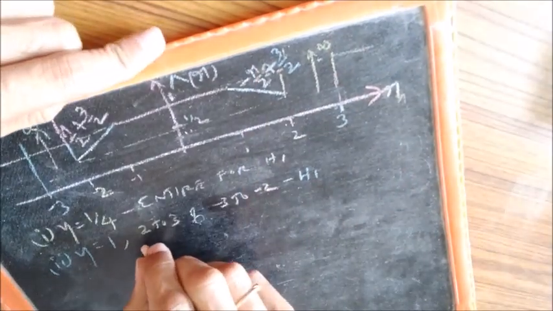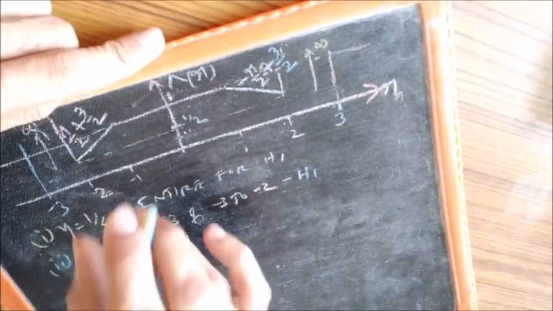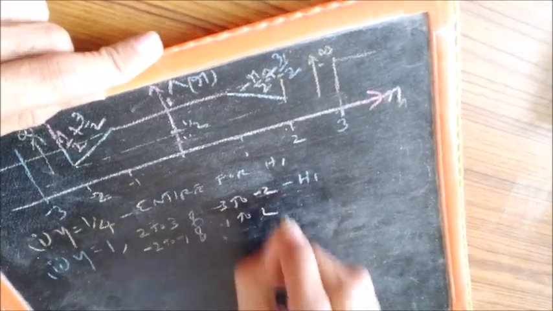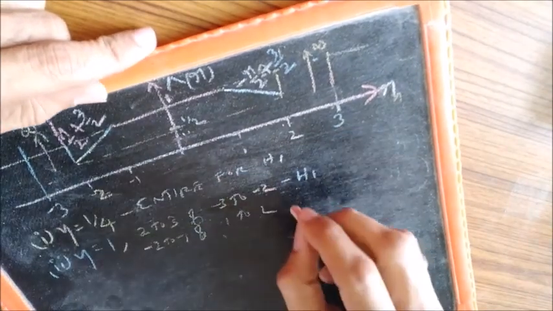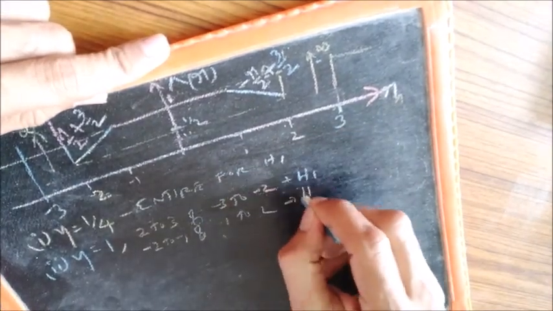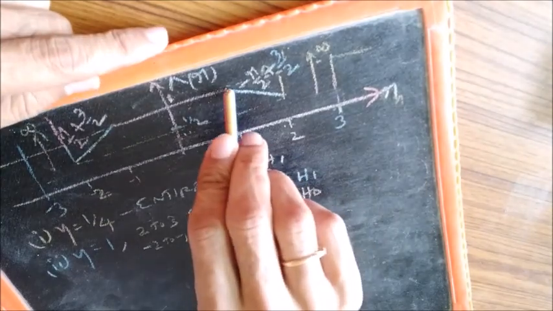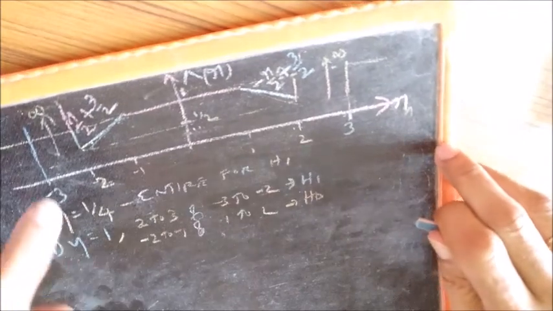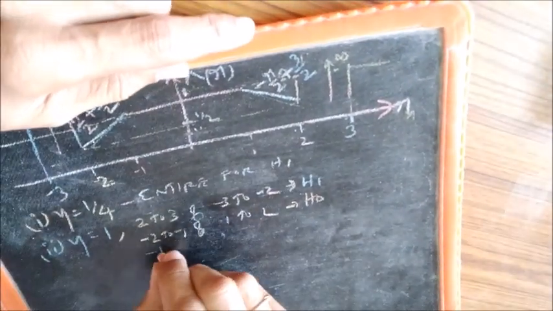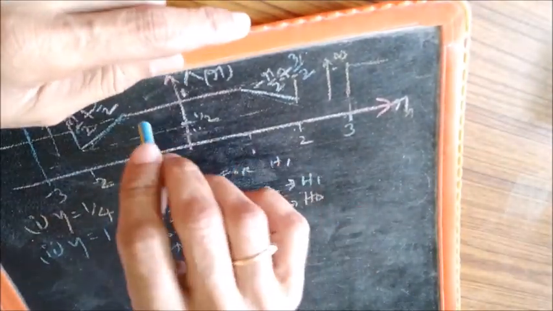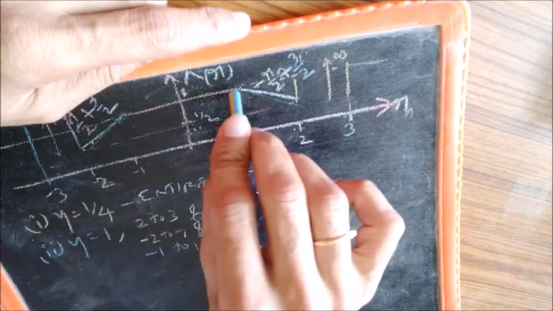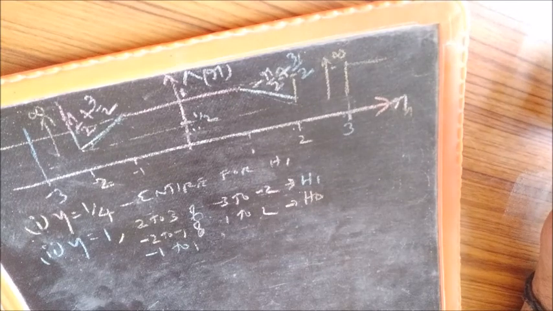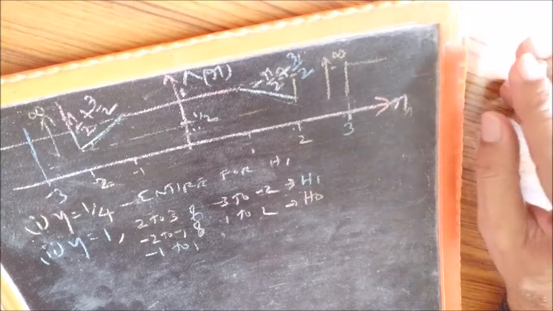And for minus 2 to minus 1 and 1 to 2, you declare naturally H0, because the likelihood ratio is less than the threshold here. The threshold is 1. Now when you come to this region minus 1 to 1, the value of the likelihood ratio is equal to the value of eta which you have set.